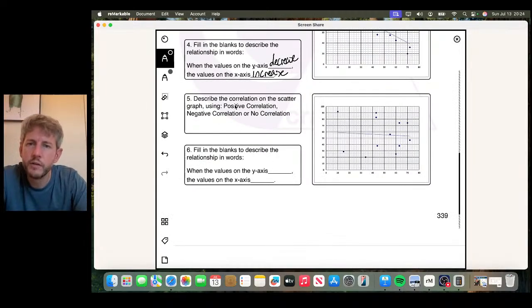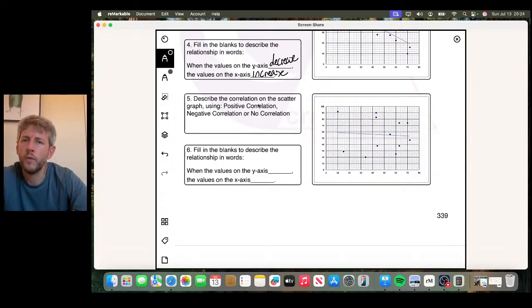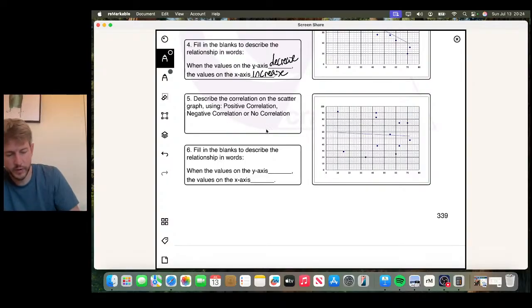Describe the correlation on the scatter graph using positive correlation, no correlation, and negative correlation. So this one here is no correlation.